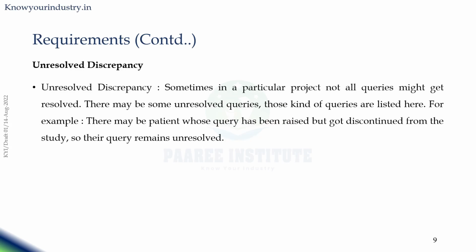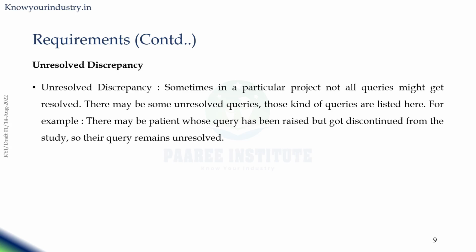Unresolved discrepancies. Sometimes in a particular project, not all the queries would be closed or resolved. There may be some unresolved queries listed, and those queries are to be identified and captured in this particular section. For example, a query has been raised for a patient who discontinued from the study, and it has remained unresolved.